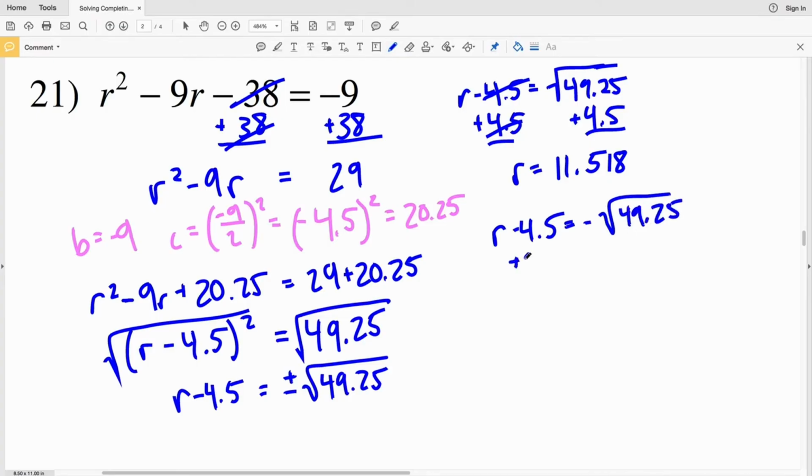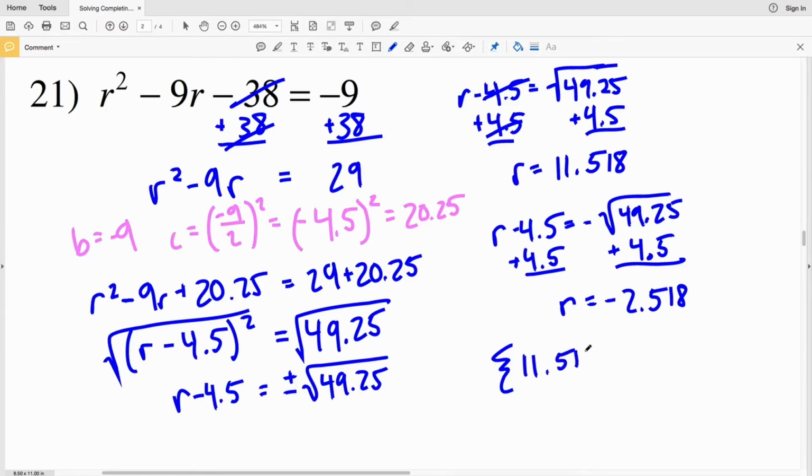So now we'll add 4.5 to both sides, and adding 4.5 to the negative square root will give us negative 2.5178, which again they rounded down to negative 2.517, but I'm going to round up to negative 2.518. So my solutions in number 21 are positive 11.518 and negative 2.518.